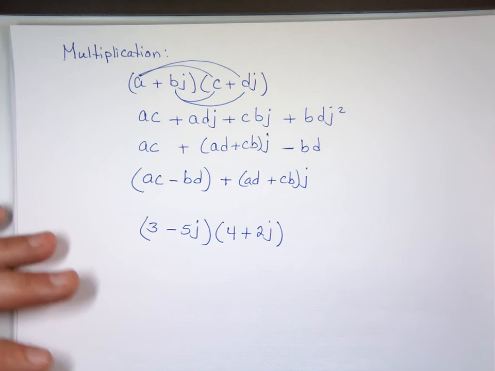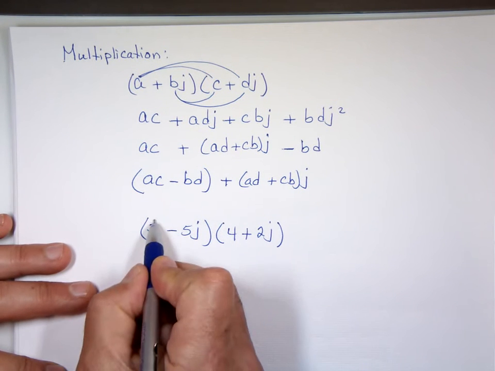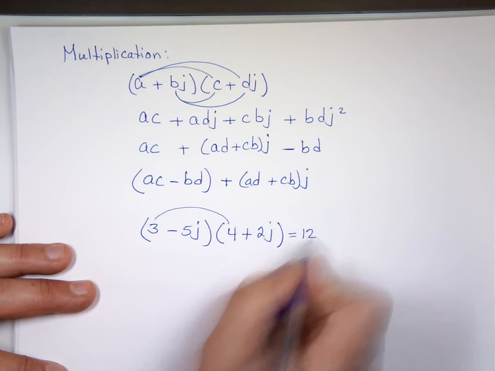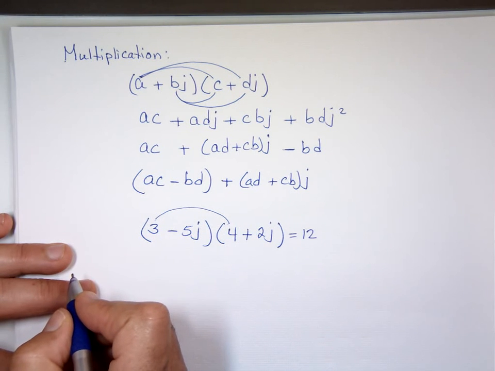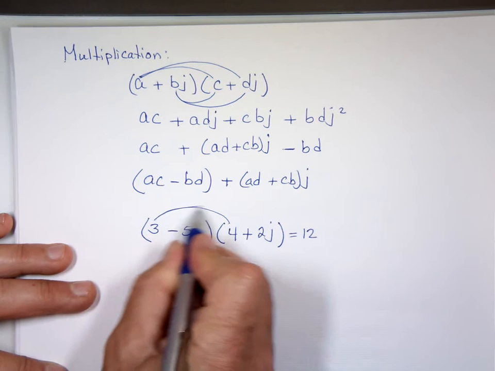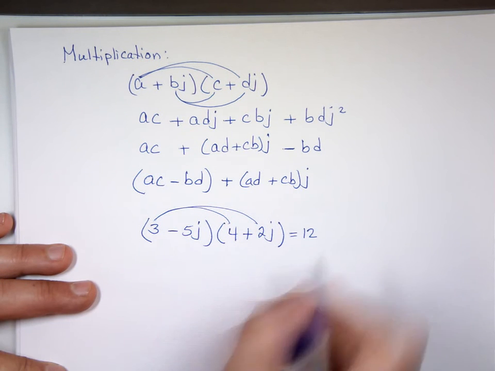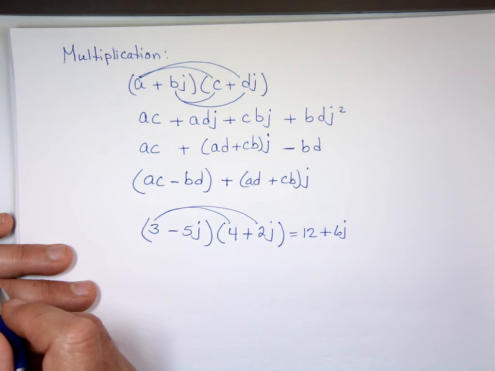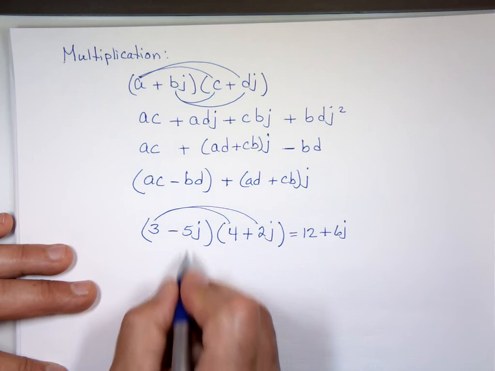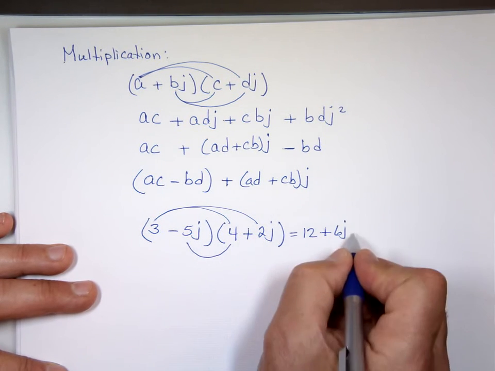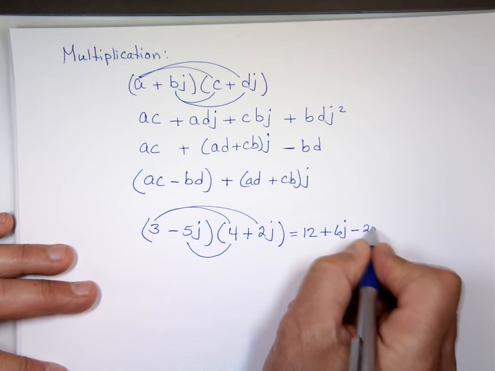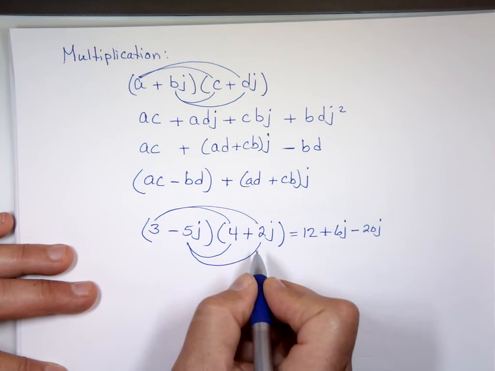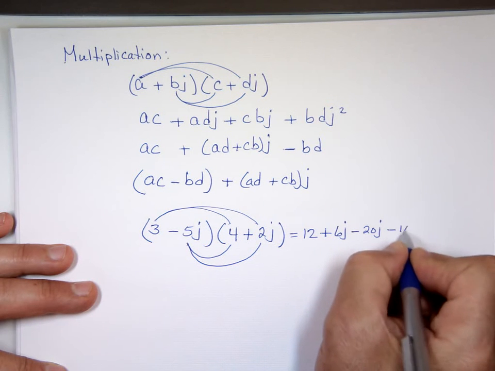I'm going to use the FOIL method. 3 times 4, which is what? 12. This one is what? 6j. Negative 20j. And that's negative 10j squared.